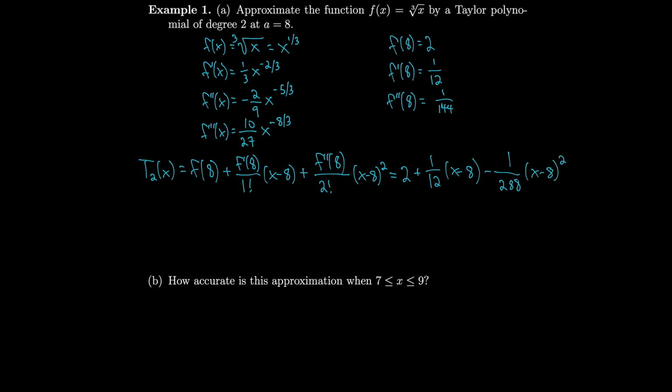So that means that we can approximate the cube root of x using our second degree Taylor polynomial, which we found is 2 plus 1/12 times x minus 8 minus 1/288 times x minus 8 squared.